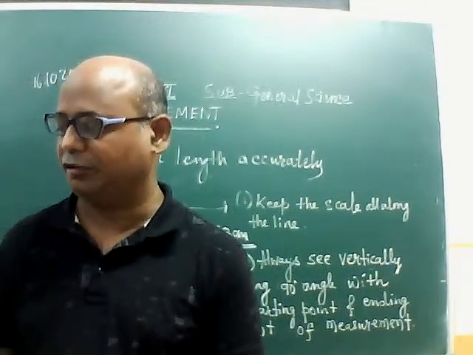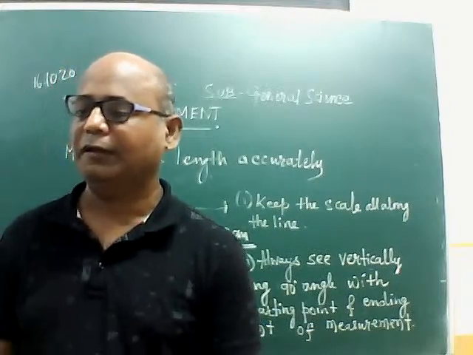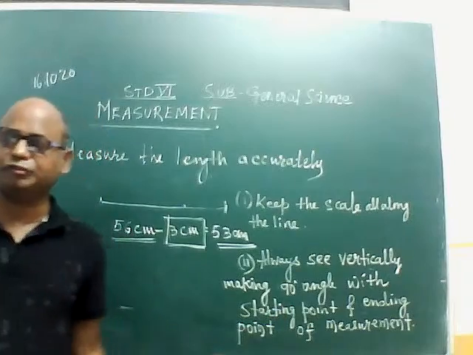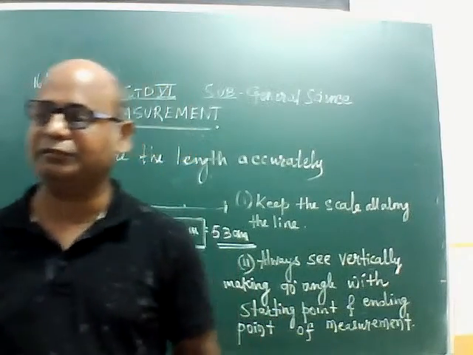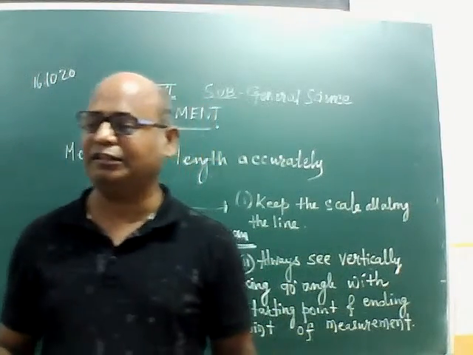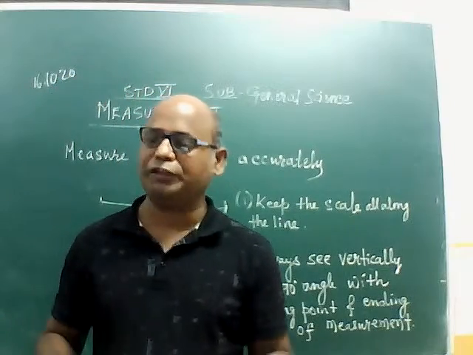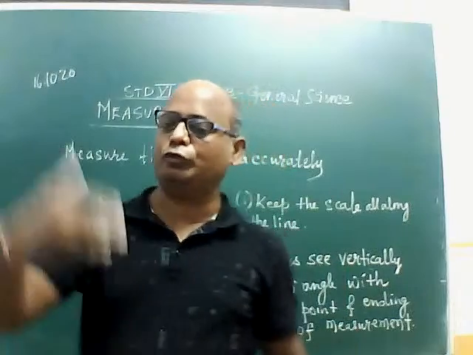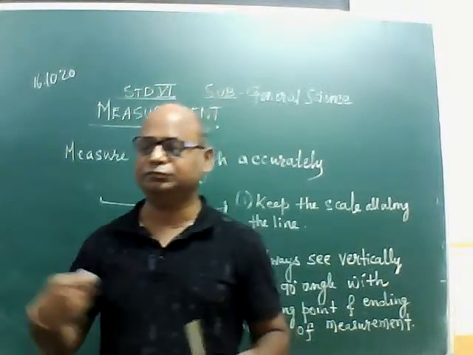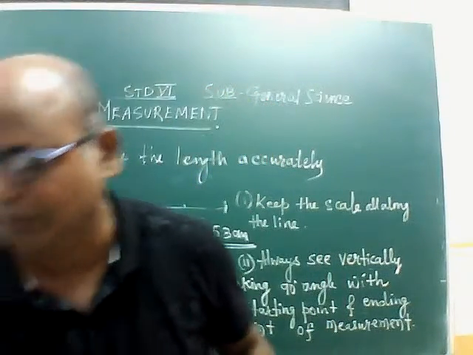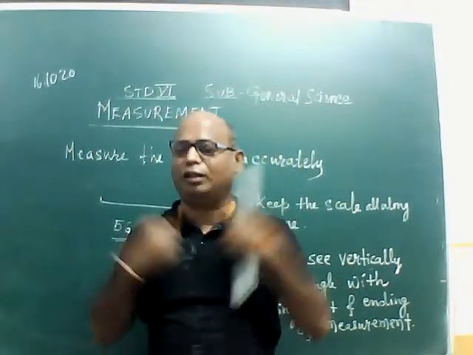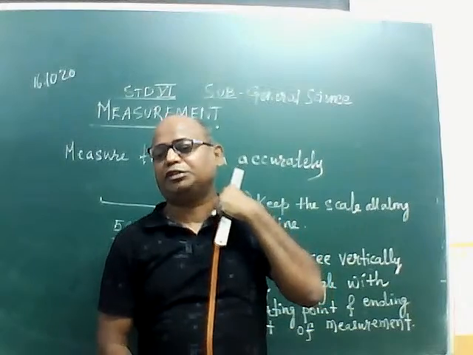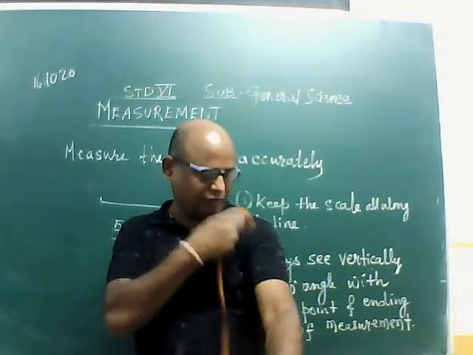Okay, this is already given in your textbook, page number 145. It is given what precautions we have to take while measuring the length. Whatever instrument you are using for measuring the length, a ruler is used. If you go to a tailor, he is using a tape, which is flexible. He will take the measurement of your collar, the length of your shirt, then the wrist.